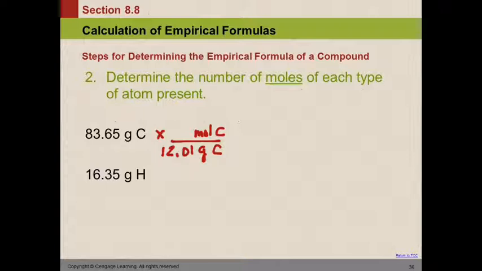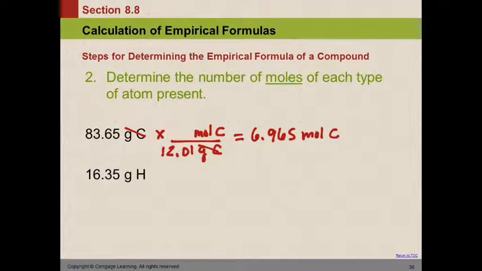We did this in a way that the units cancel out, because the units are our friends and they help us know what to do. 83.65 divided by 12.01 is 6.965 moles of carbon.